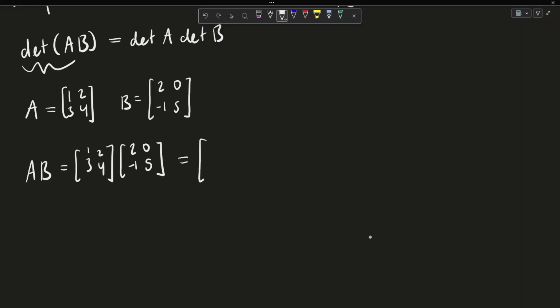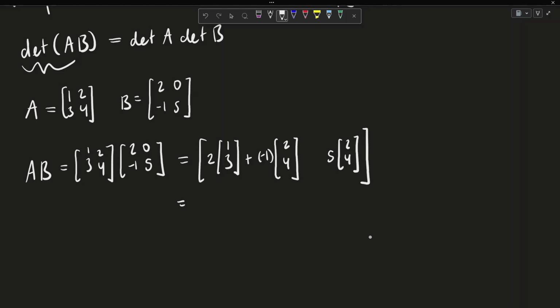Again, if you need a refresher on matrix multiplication, you can find a link to that video in the description as well, or somewhere in the associated playlist. We find that the first column of this matrix is equal to 2 times the first column plus -1 times the second column. And the second column is equal to 0 times the first column, which will be 0, plus 5 times column 2, 4.